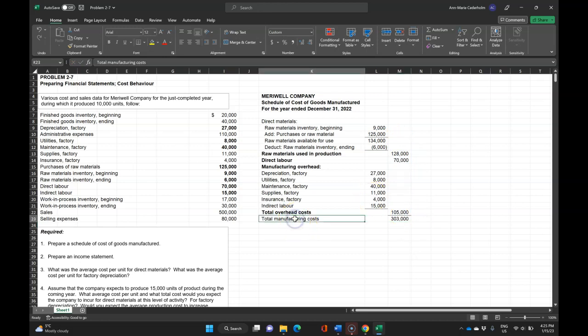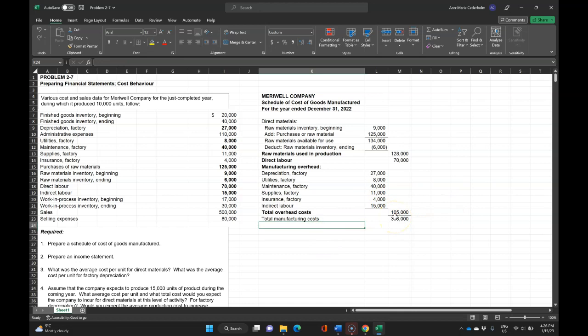So just remember, the difference between total overhead costs and total manufacturing costs is the total overhead costs is all of the indirect manufacturing overhead, and the total manufacturing costs is the total overhead plus the direct labor plus the raw materials used in production.